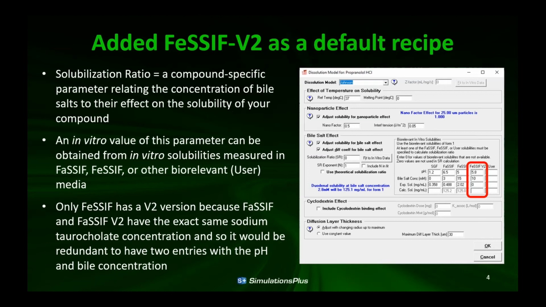This is because passive version 1 and version 2 have the exact same biosalt concentration, and that would be a redundant input if we include both, because the pH and the biosalt concentration are the same. So that's why we only include the version 2 passive as a default excipient.